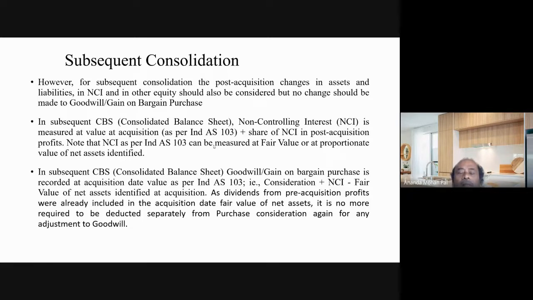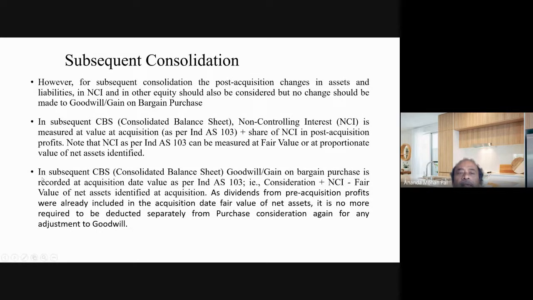Note that NCI as per Ind AS 103 can be measured at fair value or at the proportionate value of net assets identified. Whichever it is, you take that value and then add the post-acquisition changes.